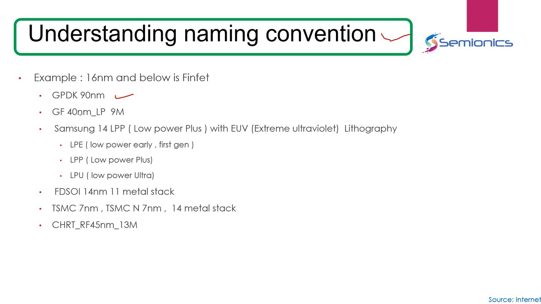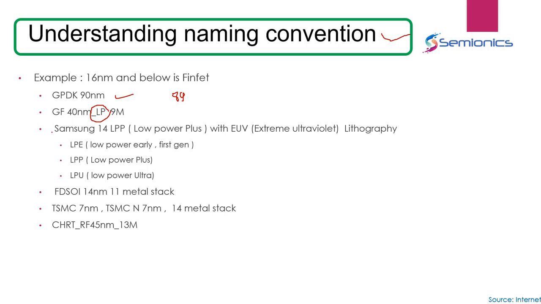What it means is it's a GlobalFoundries PDK at 40 nanometer gate length, designed for low power applications, and it has 9 metals for you to do your design, out of which 8 and 9 are for power rails, and the remaining ones are for your device connections, your logical connections and so on.